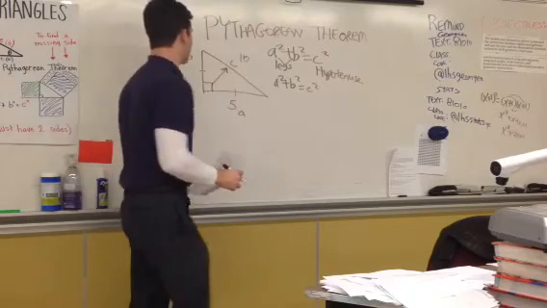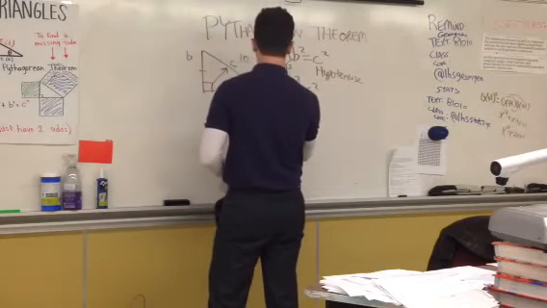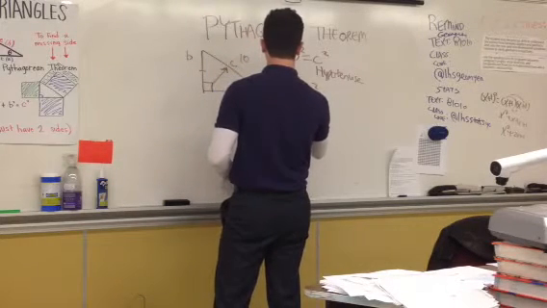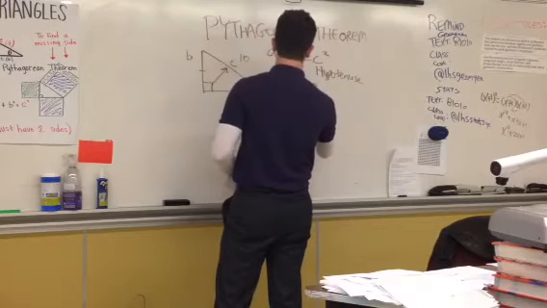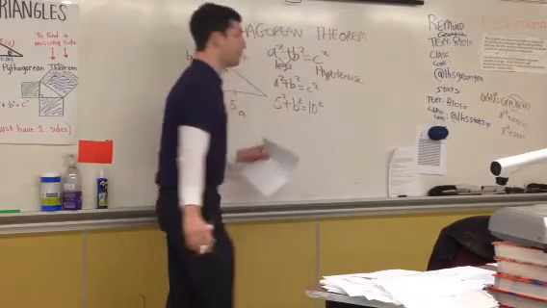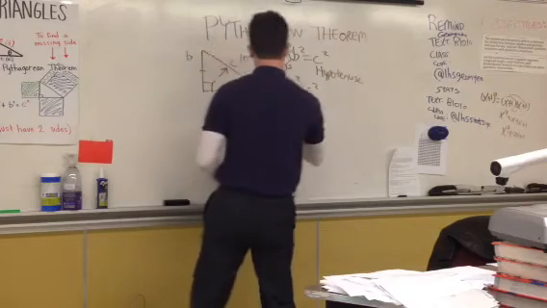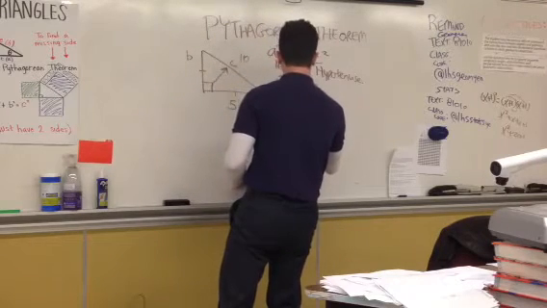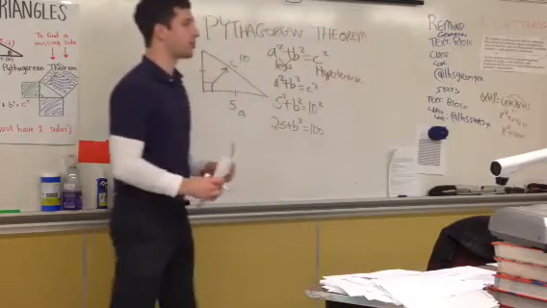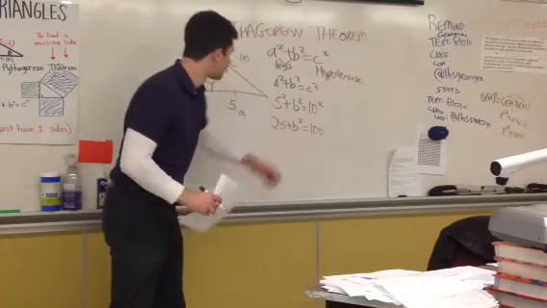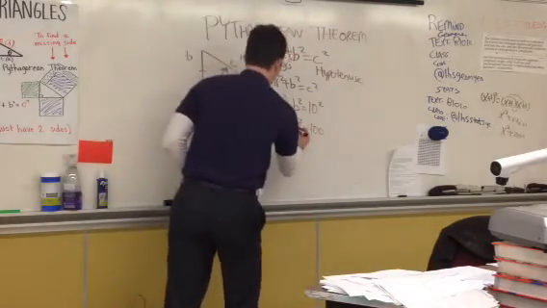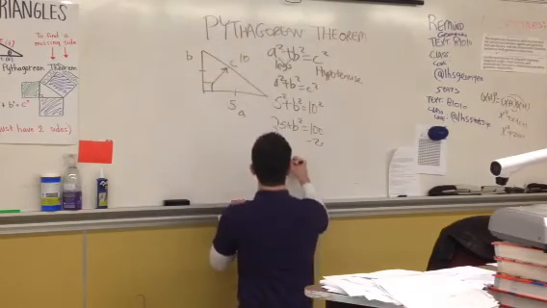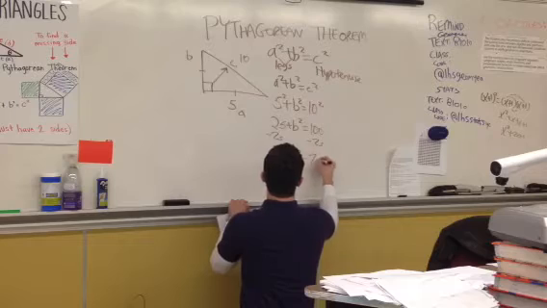Remember, my c is still in the same spot, so my a here is 5. 5 squared plus b squared, because b is my unknown, is equal to c squared. My c was 10. So 5 squared is 25. 25 plus b squared is equal to 100. Okay, so here we're trying to get b squared by itself. I'm going to move over my 25. So b squared is equal to 75.